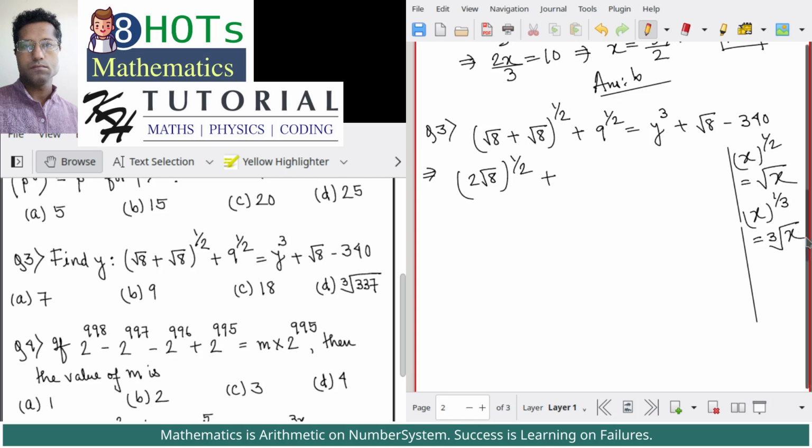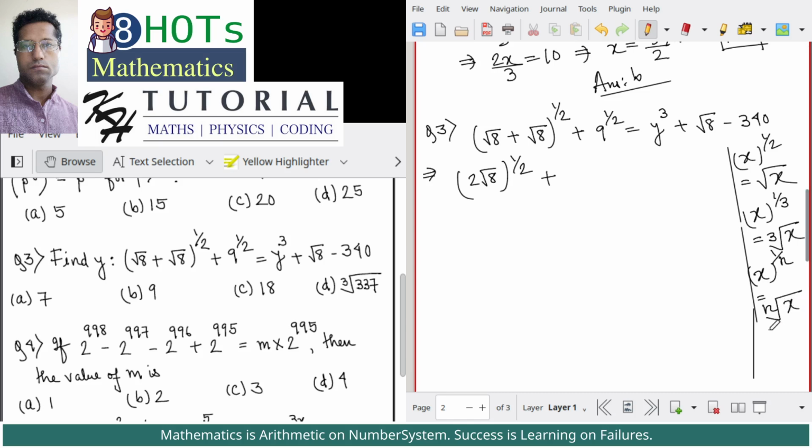Fundamentally, or in more general terms, x to the power 1 by n, where x is non-zero and n is any positive integer, is known as the nth root of x.